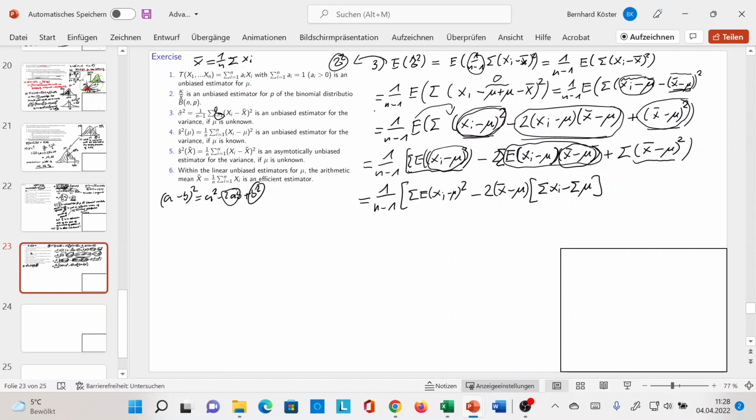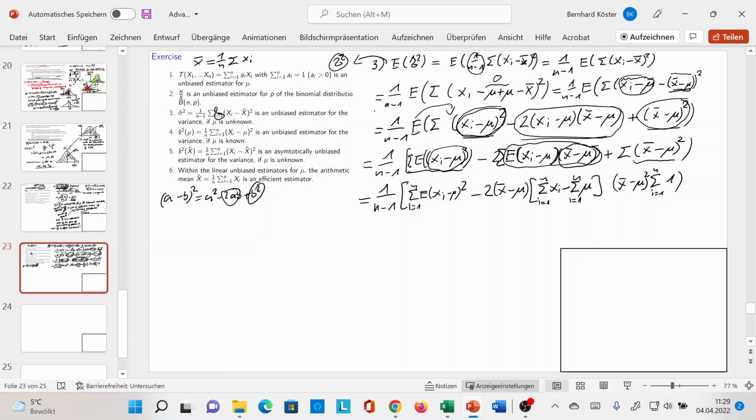So you obtain x bar minus mu times the sum over 1. And now again I write down here i is 1 to n, i is 1 to n, i is 1 to n, i is 1 to n.